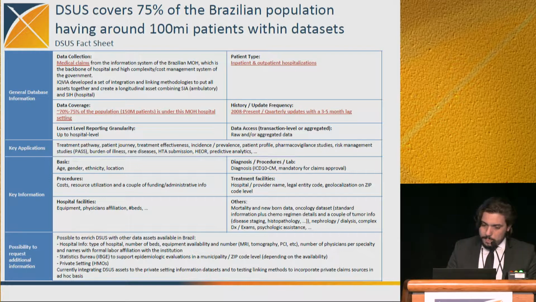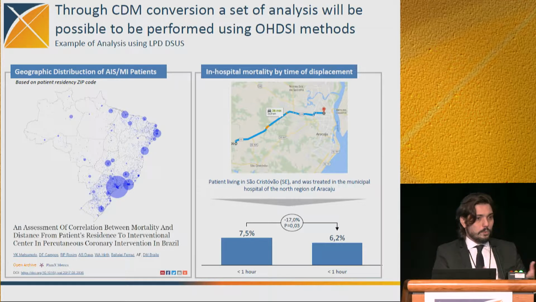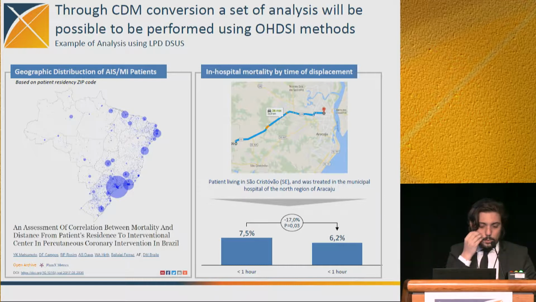So I want to show what we can do with this, and how we can move these algorithms, translate them to the common data model, and try to translate this algorithm to Atlas. We replicated a study that was first run in 1985, exactly the year that I was born, in which they tried to evaluate how mortality rates change based on the distance the patient was from the hospital.